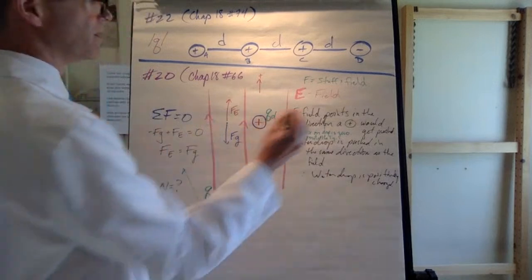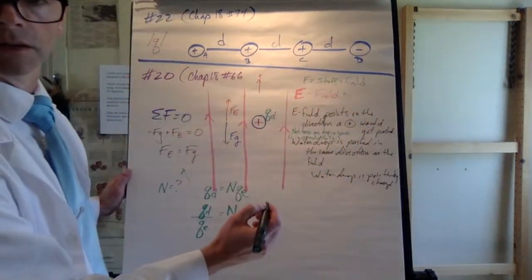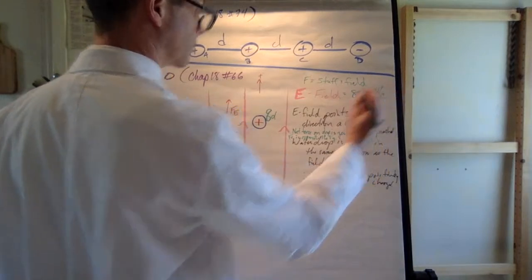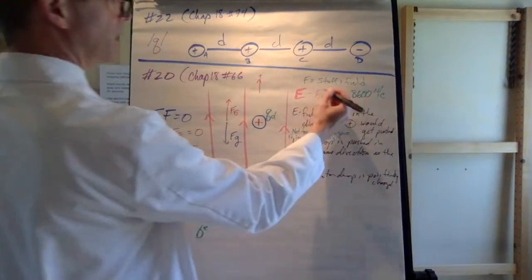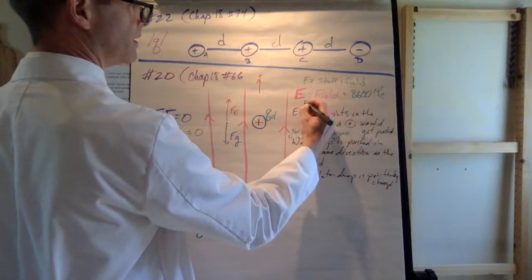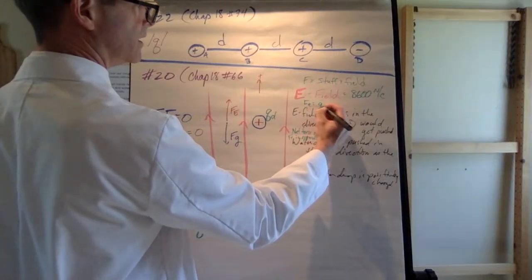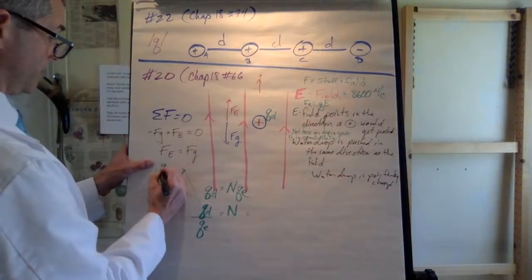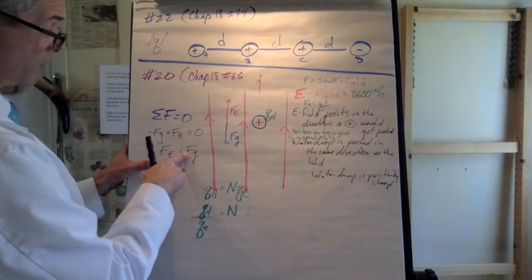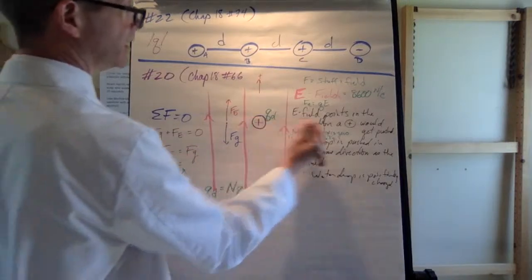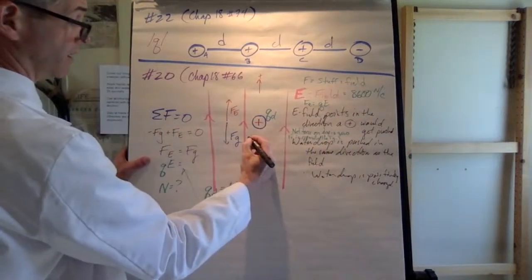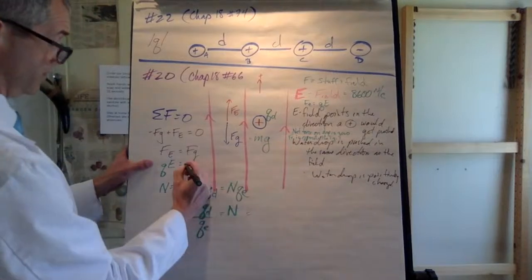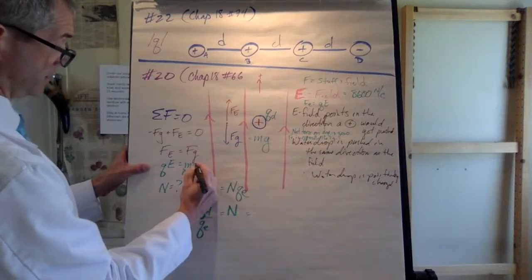This electric field is 8,600 newtons per coulomb. Electric force is charge times the electric field, so this turns into QE. What's the force of gravity? It is stuff times field.